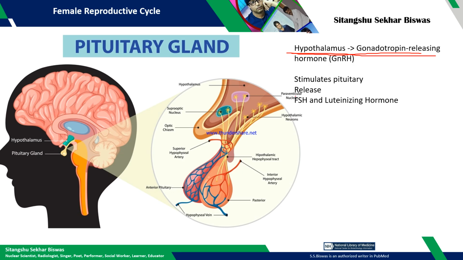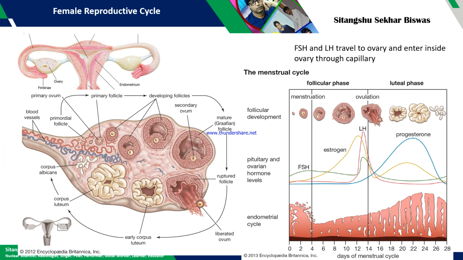It stimulates the anterior pituitary, this master gland. The pituitary is called the master gland. This will release another signaling chemical or hormones called follicle stimulating hormone and luteinizing hormone. Okay.